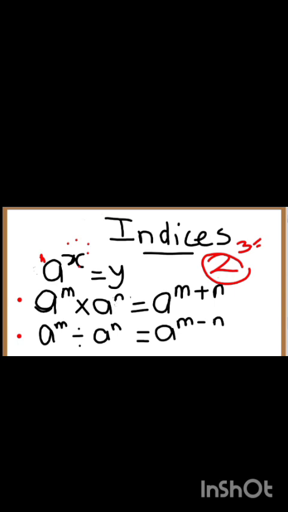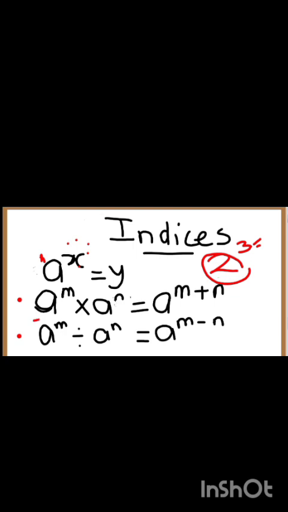And when working with indices, there are some laws that will ease our work. When multiplying, as a shorthand form, we always verify the bases of the numbers that are in index form, because a number in index form is a condensed form of a number.